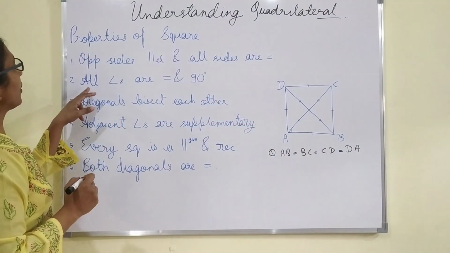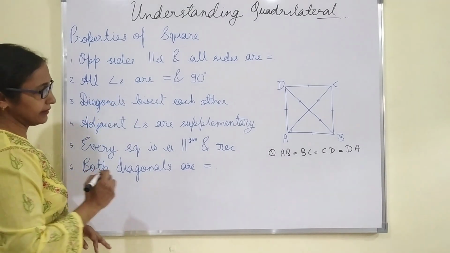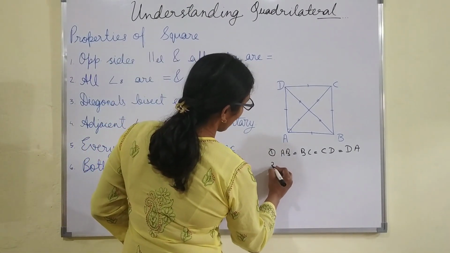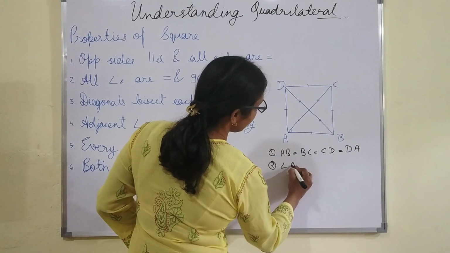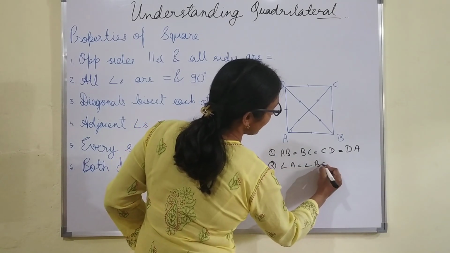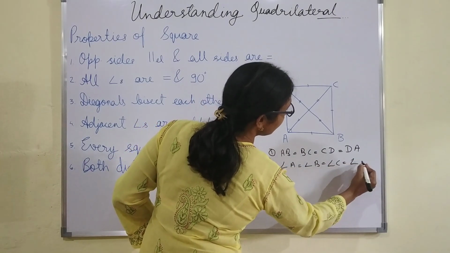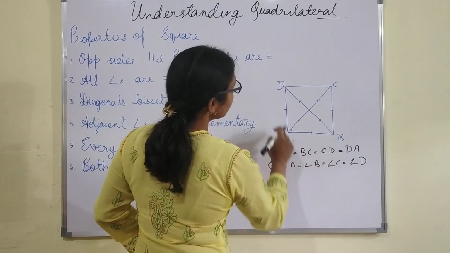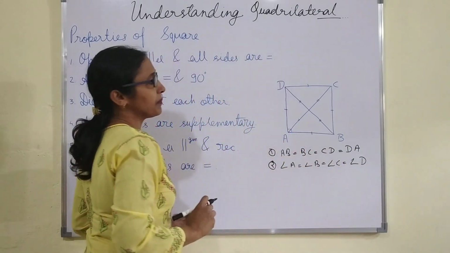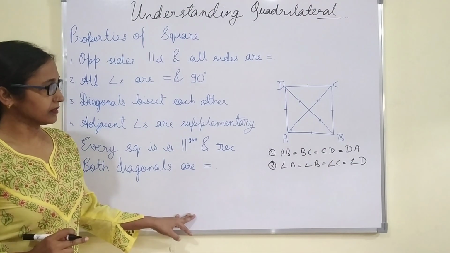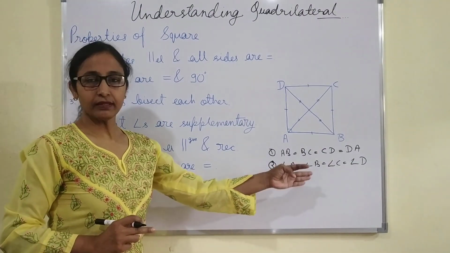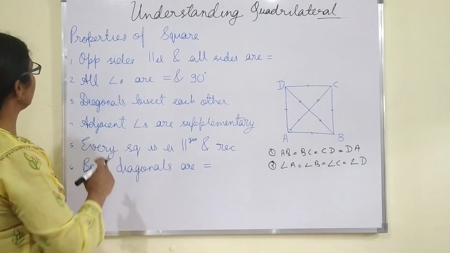Now, all angles are 90 degrees. In this, angle A equals angle B equals angle C equals angle D, and every side is perpendicular to another side. That's why all angles are equal, of 90 degrees.